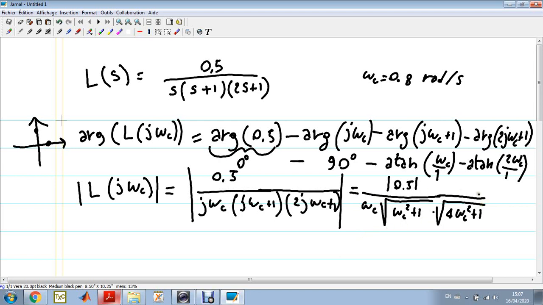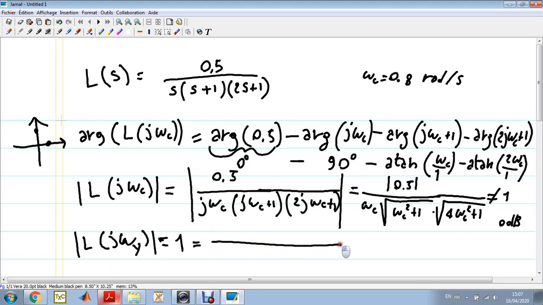If you work this out, you will find the value of the modulus at omega c right now, which is not 1, and 1 corresponds to 0 dB in this case. That's why we need to change it. And if you wish, you can compute at which omega, call it omega x or omega y, just for a change, you have 0 dB right now. And I remember 0 dB means 1, so you can work out the computation as we did over here.